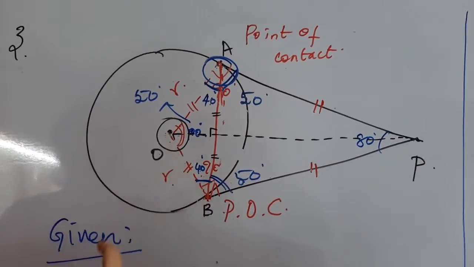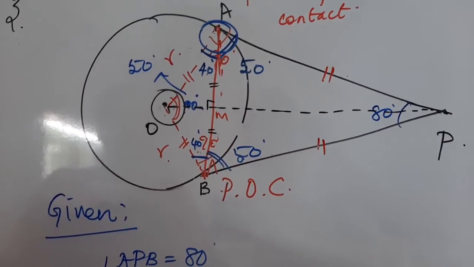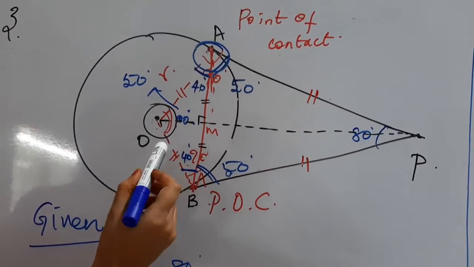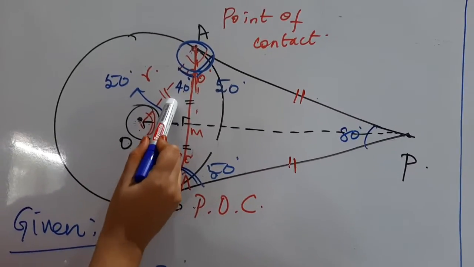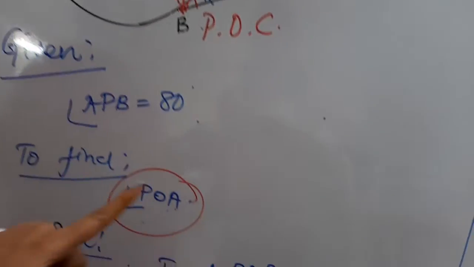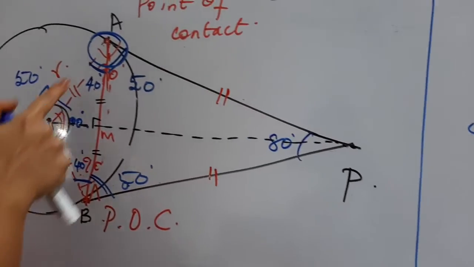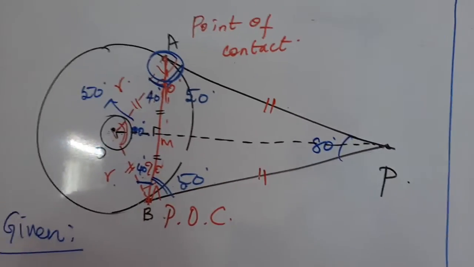So the line O, let me mark it as M. The line OM is the angle bisector of O, so it divided the angle into 50-50. Actually, they asked us to find POA, that we found angle POA is equal to 50 degrees, your option A.